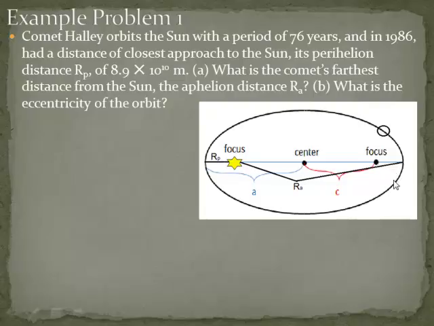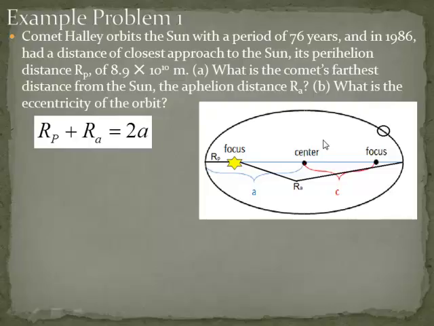And we know that if you add the perihelion distance plus the aphelion distance, you'll get this whole thing across the center. Remember, that's the major axis. A is half of the major axis, so RP plus RA will be equal to 2A.